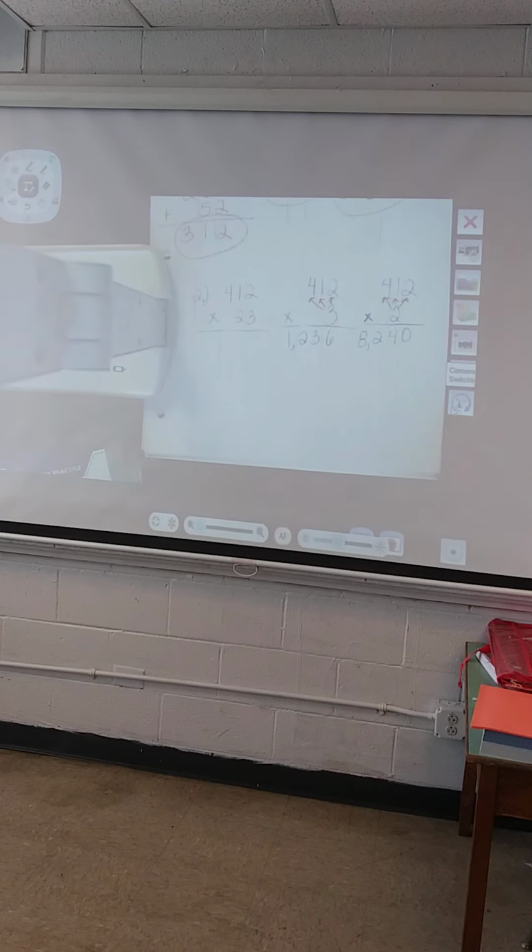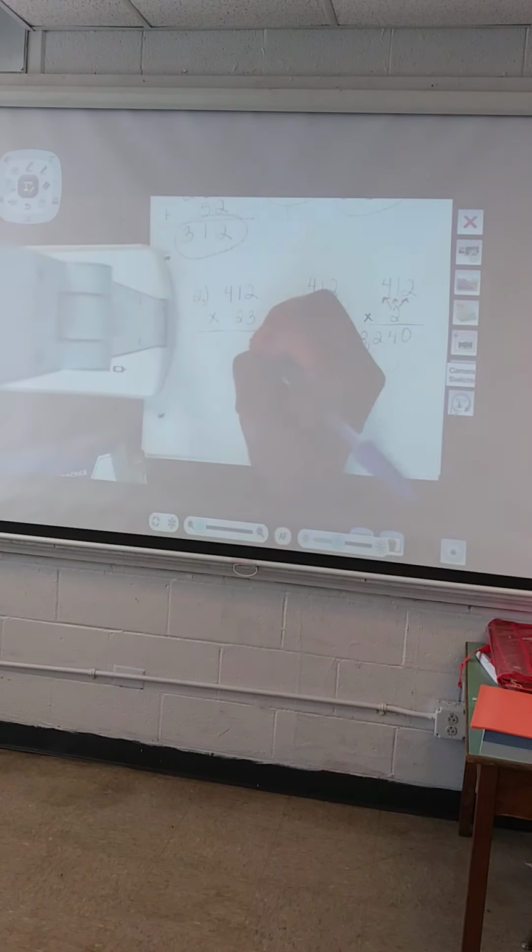So now I'm going to add this up. It does not matter again which number I put on the top. Okay? So we're adding. So I'm going to go ahead and line everything up in order. Start from the left to the right and line it up in here.